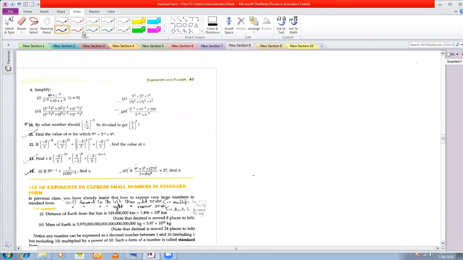Let's see if I can finish in 4 minutes because I have 4 minutes left for this session. 49 into z to the power of minus 3 divided by 7 to the power of minus 3 into z to the power of minus 5, and it is given z is not equal to 0.